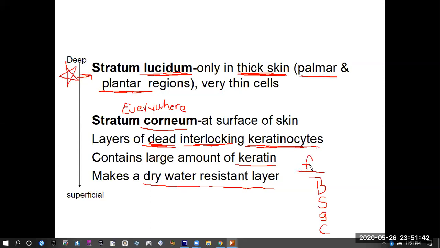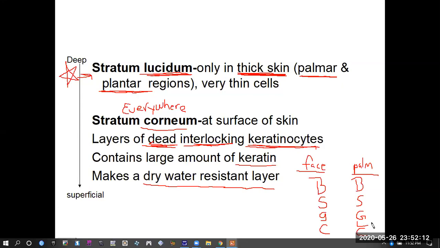This would be considered thin skin, whereas thick skin, such as the palm, is now going to have all 5, starting with the deep stratum basale, stratum spinosum, stratum granulosum, the addition of the stratum lucidum, and again, everywhere at the surface, the stratum corneum.